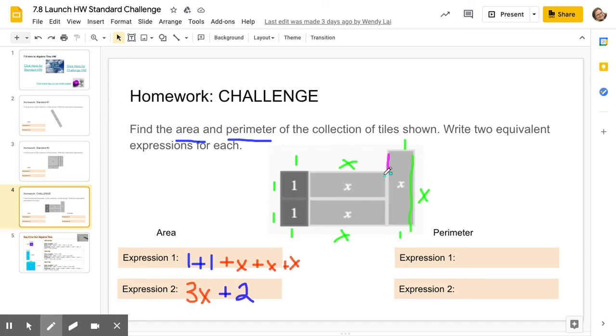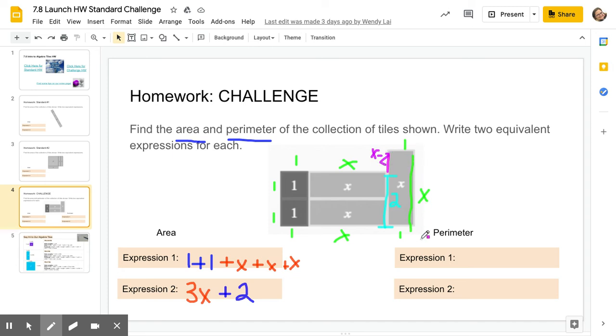So if I subtract away this distance, I'll get the purple distance left. So I know this light blue side right here, because I know these two, that's 1 plus 1. I know this light blue distance is 2. And I know the whole distance is x. So then I know this little sneaky portion right here is going to be x minus 2.